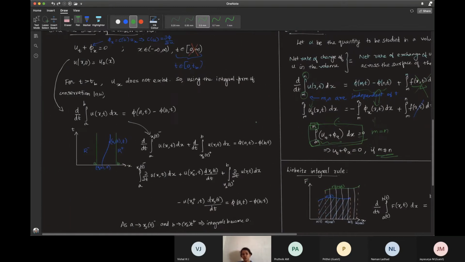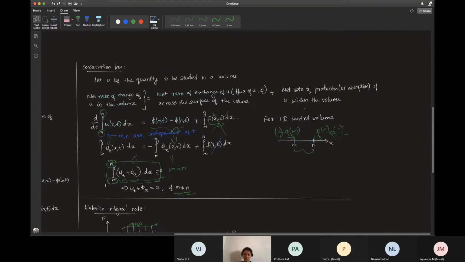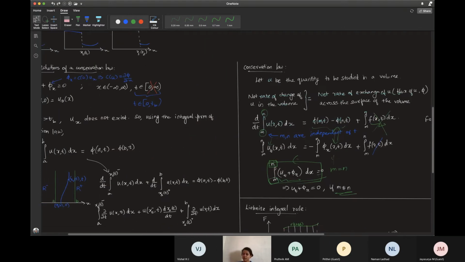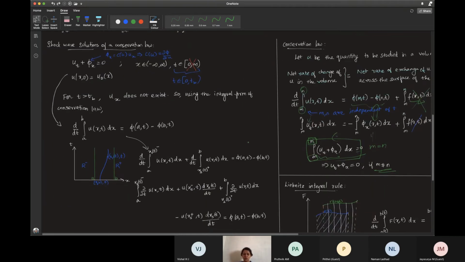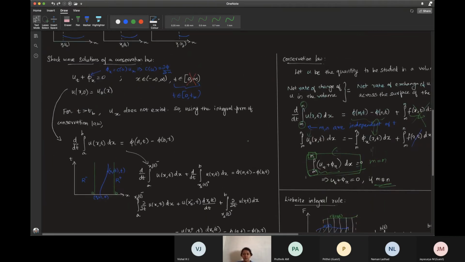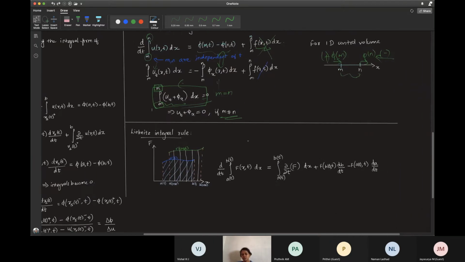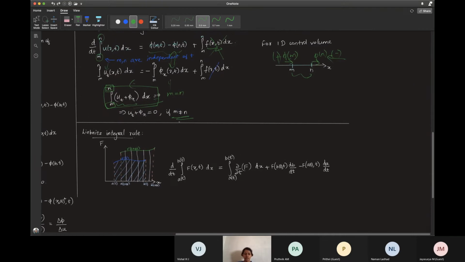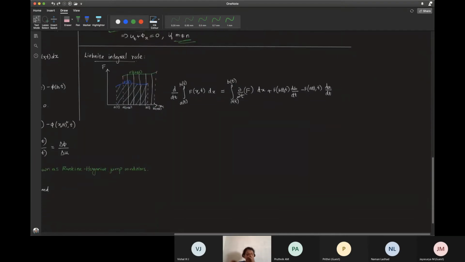Now let's go on to study. I've just told you about this because we require this in doing the shock wave solutions for the conservation law. I would also like to tell you about the Leibniz integral before going to shock wave solutions, because we will be using it there as well. The Leibniz integral is about getting an expression to evaluate this term.